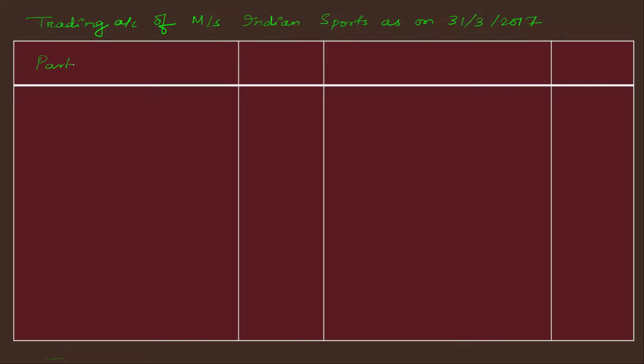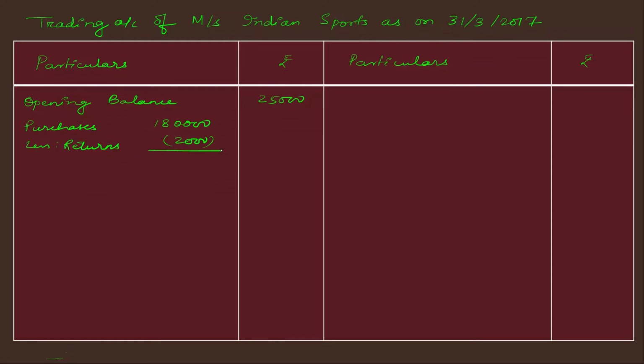So these are my particulars, rupees, particulars, rupees. Opening stock given in your textbook is 25,000. Purchases you have 1,80,000 less returns 2,000, so purchases amount to rupees 1,78,000.